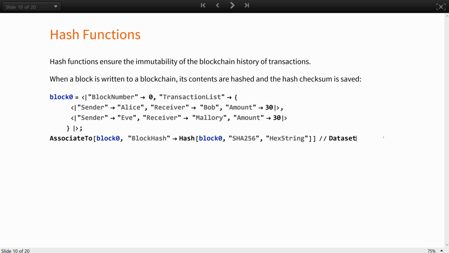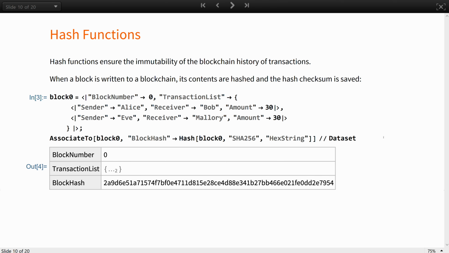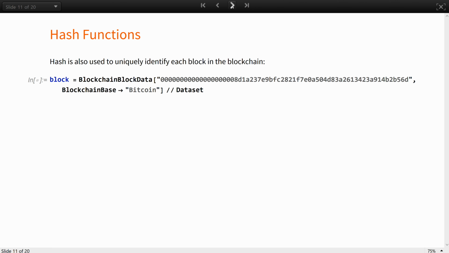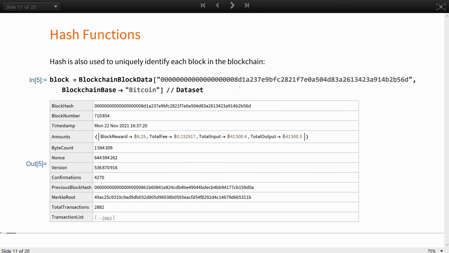When a block is written to a blockchain, its contents are hashed and the hash checksum is saved as well. Hash is also used to uniquely identify each block on the blockchain, so that information contained in any block can later be retrieved using its hash.